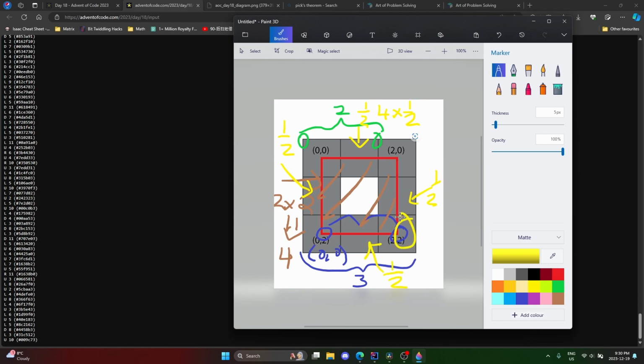Well, what about these corners? So now, when we deal with these corners, I'll use purple. So these corners are 3/4 of a full square.